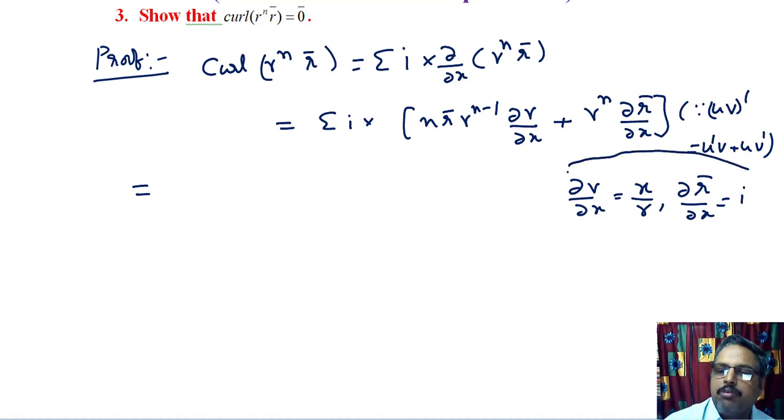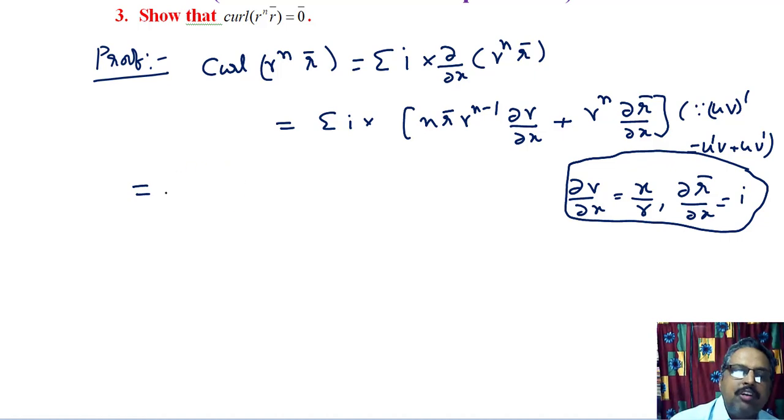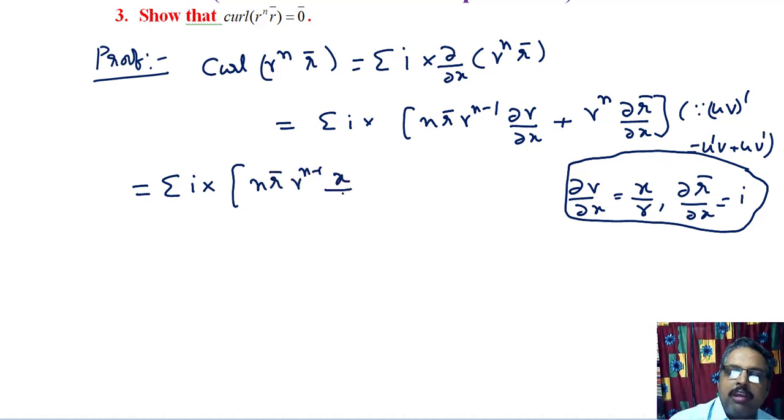So, now we will substitute these two values in this summation, sigma i cross n into r bar into r power n minus 1 into x by r plus r power n into i. Okay, so using these two conditions.